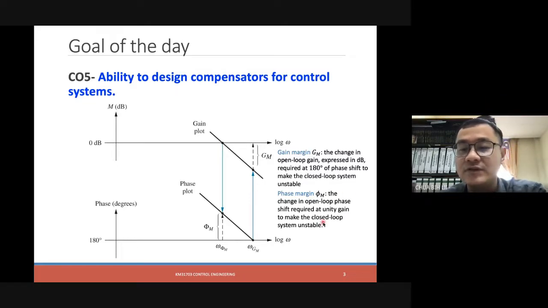For example, for the unstable conditions, you may know when it will start to become unstable, right?